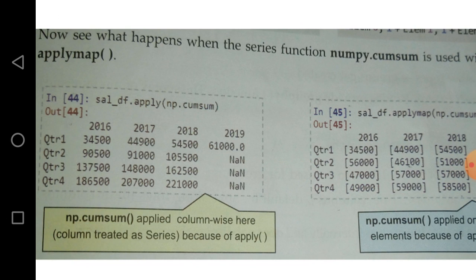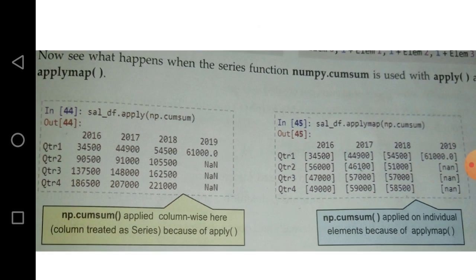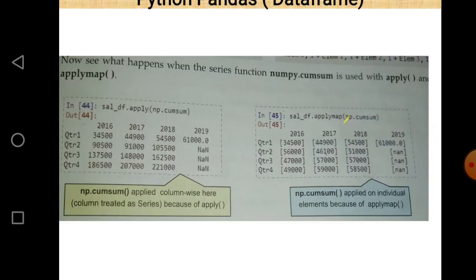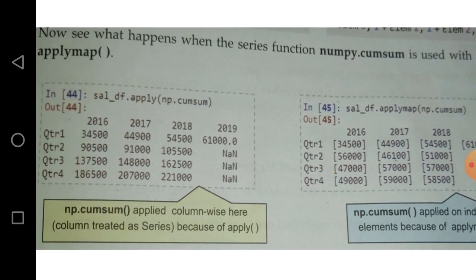In one case the actual data frame remains the same, and in the other certain values will change because the cumulative sum is calculated here. So that is the difference between apply and applymap.